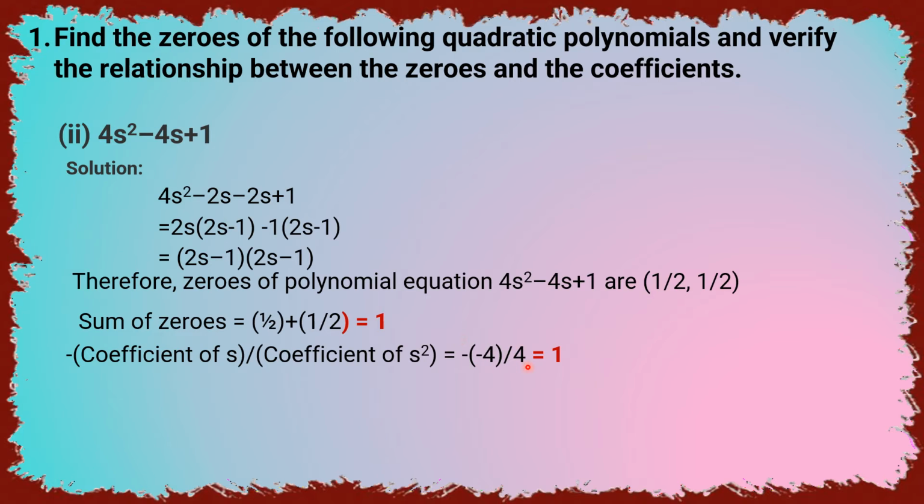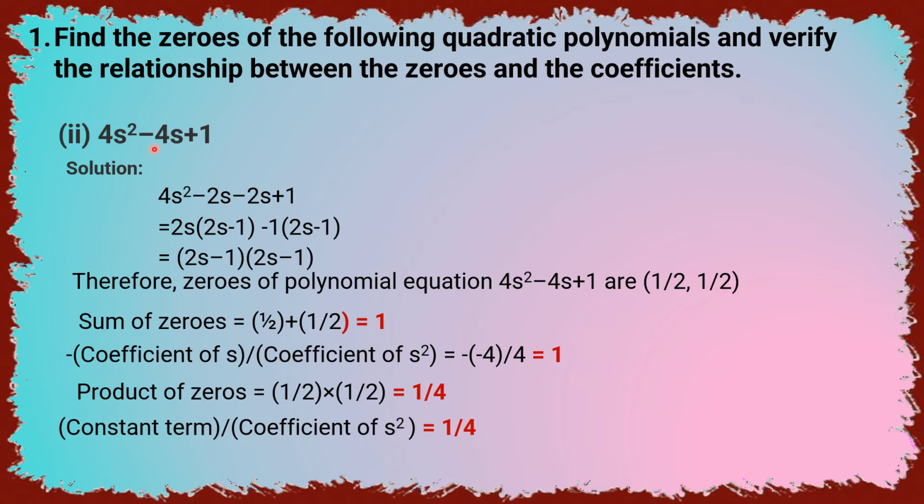So both are equal. Now let us find the product. Product of the zeros, 1 by 2 into 1 by 2 is 1 by 4. Here the constant term is 1. C by A, that is 1 by 4. So that is also equal. So like this we can verify the relationship between the zeros and the coefficients.